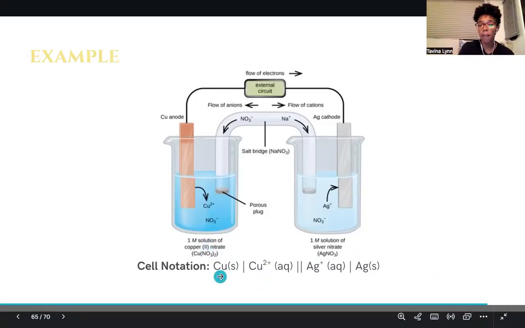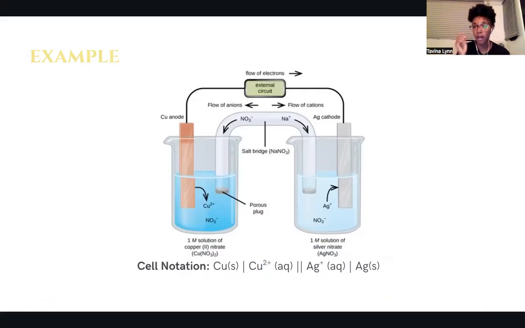So we go from copper solid to copper 2 plus, salt bridge, silver plus to silver solid. Either notation works. This notation feels cleaner, but I just want to make sure that you're clear on the two different ways that we can write it. We can write it with the aqueous solution, or we can just write the charge on the ions that are being oxidized and reduced.